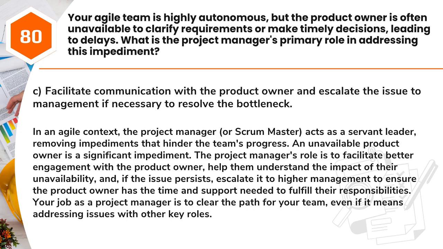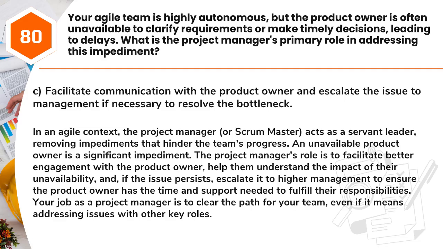Answer: C. Facilitate communication with the product owner and escalate the issue to management if necessary to resolve the bottleneck. In an agile context, the project manager, or Scrum Master, acts as a servant leader, removing impediments that hinder the team's progress. An unavailable product owner is a significant impediment.